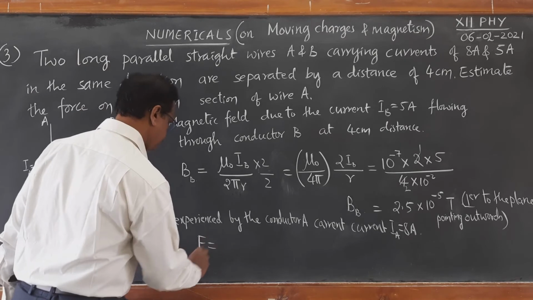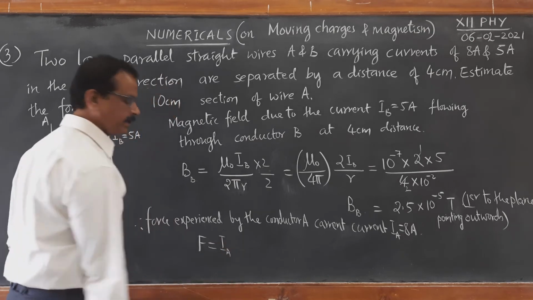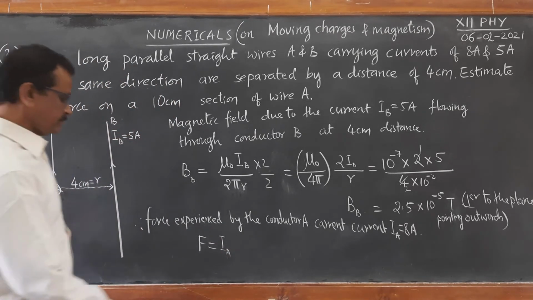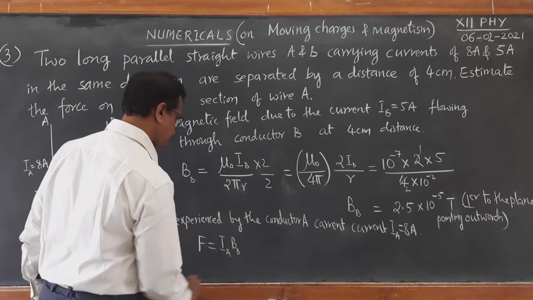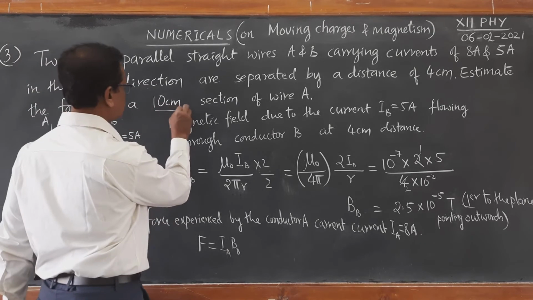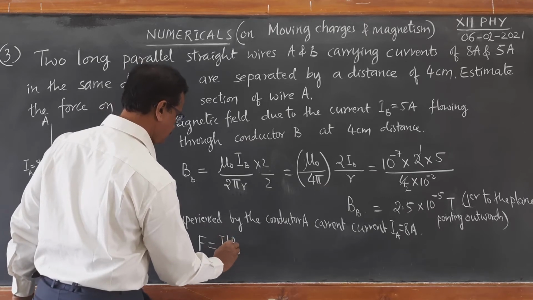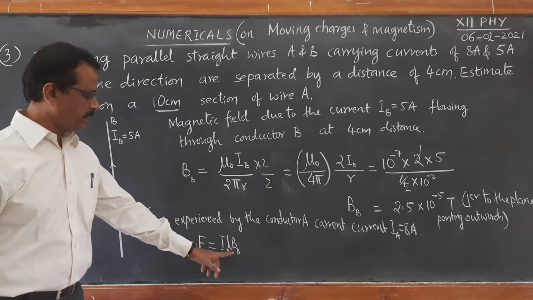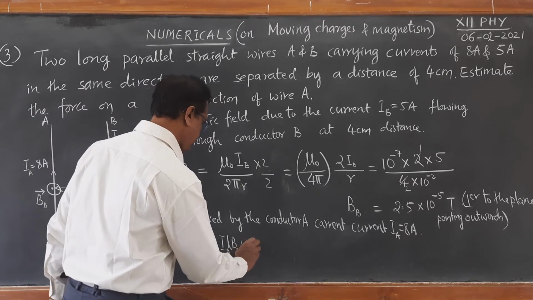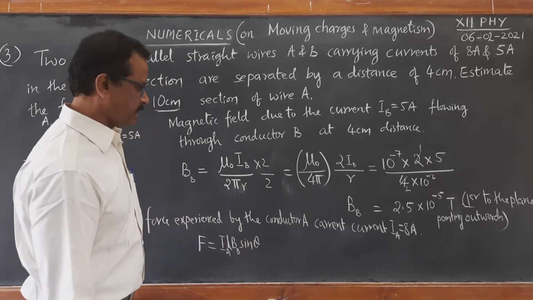F is equal to current through the conductor is IA and magnetic field acting here is BB, and the section of this conductor is given 10 cm. So I will write it as L. F equals IALB sin theta, and here you can see magnetic field B is perpendicular to the current carrying conductor IA, right? So theta becomes 90 degree.